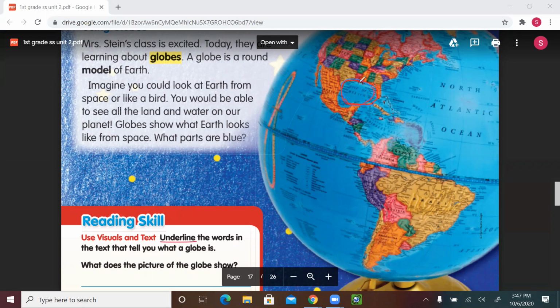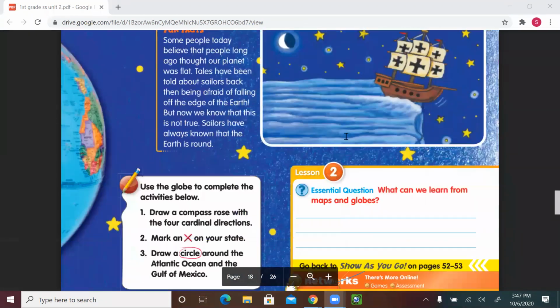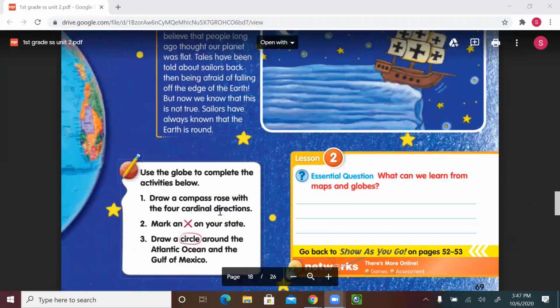This is the Gulf of Mexico. You put it in a circle. And this is the Atlantic Ocean. All right. So these are questions number 2 and number 3 over here on page 69.